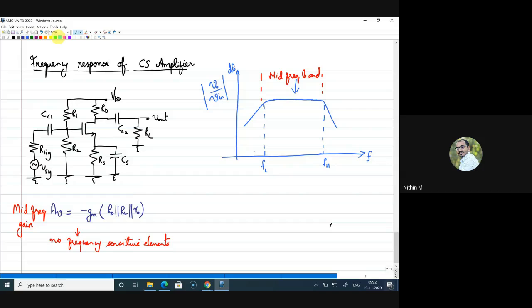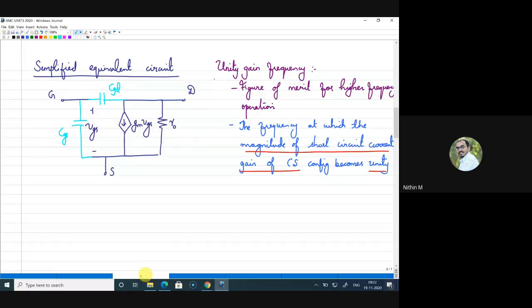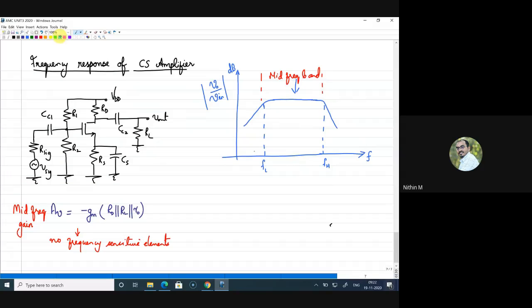So what I'm asking is, in the circuit diagram, which all capacitors you need to include. Now, look at yesterday's equivalent circuit. Here we know that we have included CGD and CGS. So both of those capacitors can be included here. How to include? You will have the capacitor CGS between the gate and the source terminal.